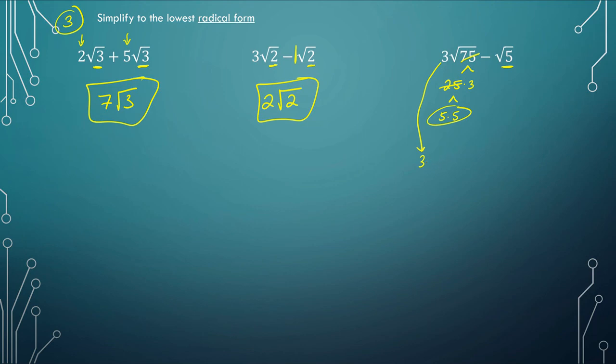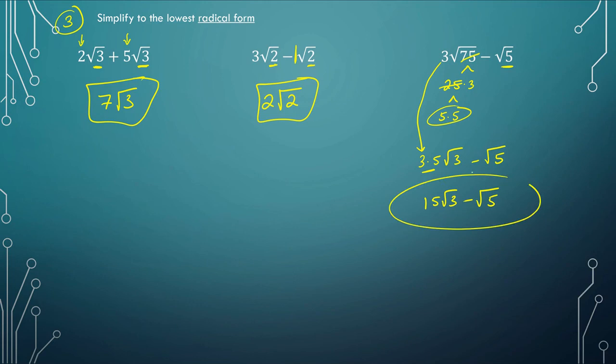We bring the 5 out, and that 3 stays inside. And so here, once again, even though we still cannot combine them, we were able to simplify a little bit further. And so that's 15 square roots of 3 minus 5. Okay, and that's as far as we can take it. Now, if we were to end up with square root of 5 inside, then we could have taken it a little bit further. But in this case, because they have different numbers inside the square root, that's as far as we can take it.